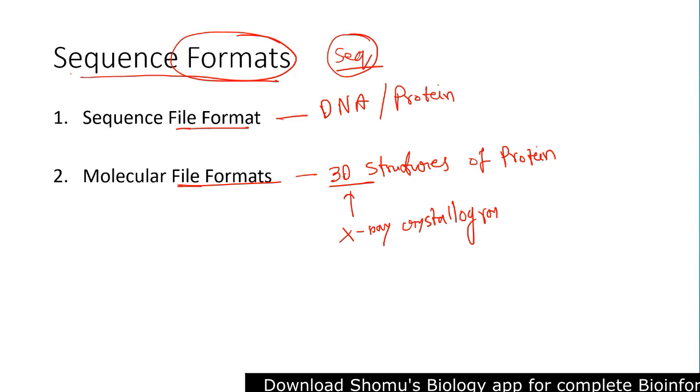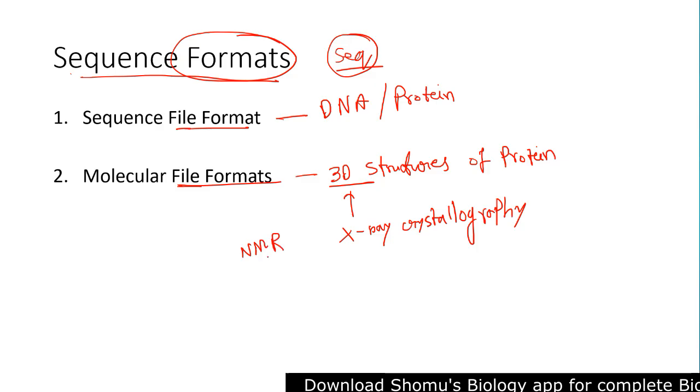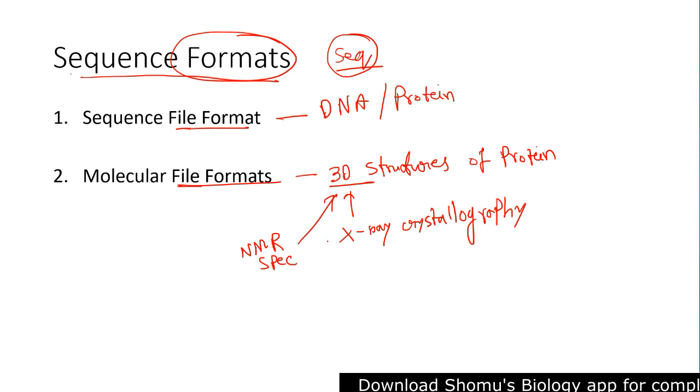From X-ray crystallography data directly we can feed in, or we can go for NMR spectroscopy data. We can feed in and get a 3D structure of proteins, and those data are stored in molecular file formats. We'll see some examples of molecular file formats later on. Okay, let's first talk about the sequence file format.